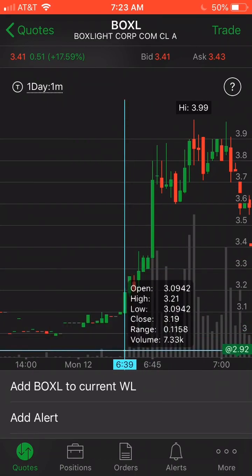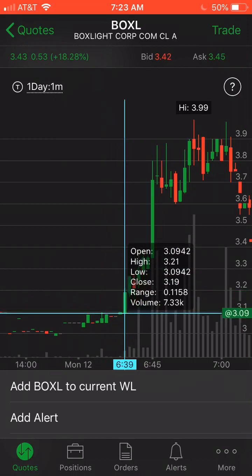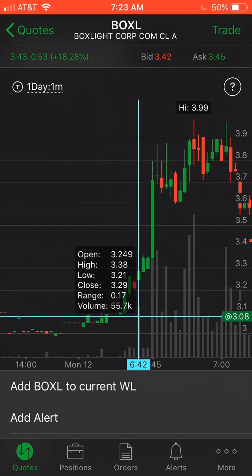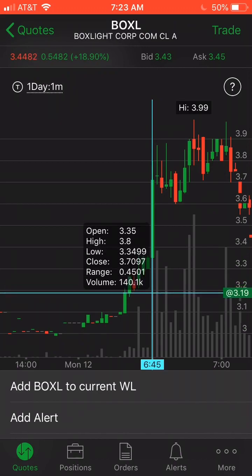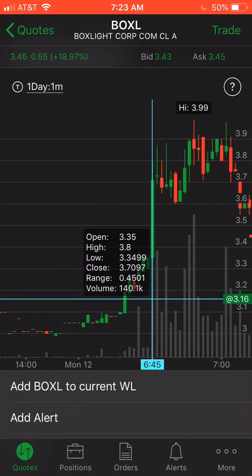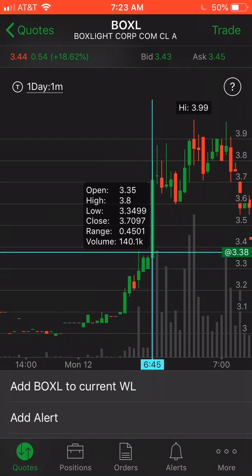And so I want to look at the volume, so the gray bars underneath, and the volume started to get pretty high, I would say, here when we see the volumes over 100,000. In that case, on that candle during 6:45, it was there.